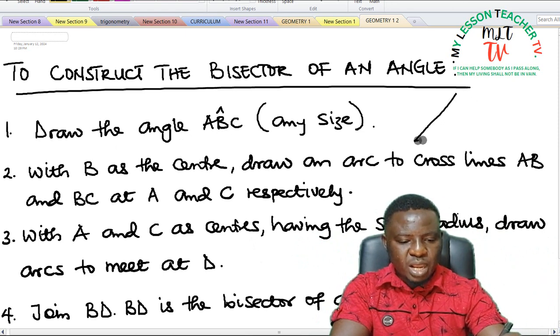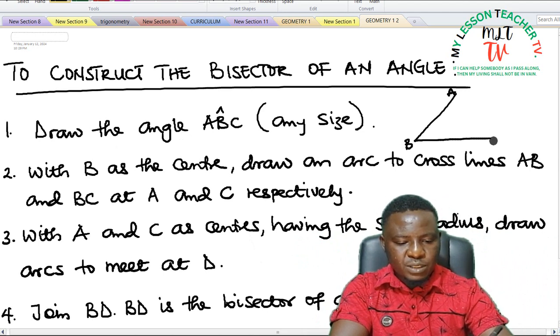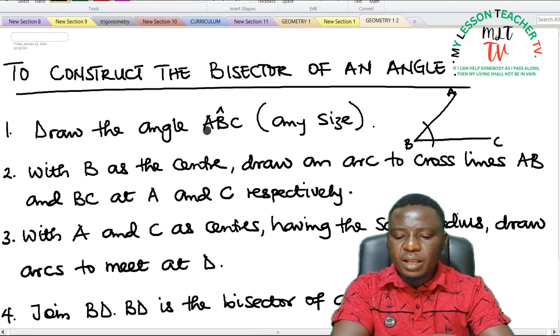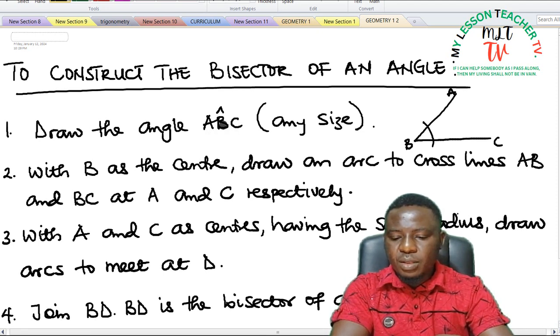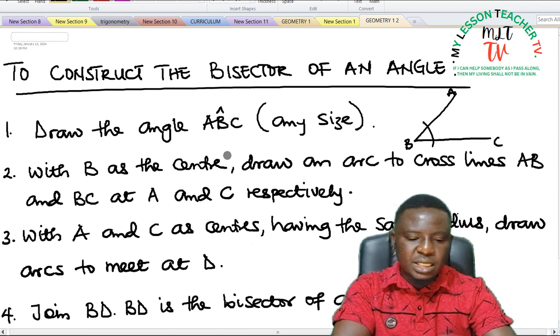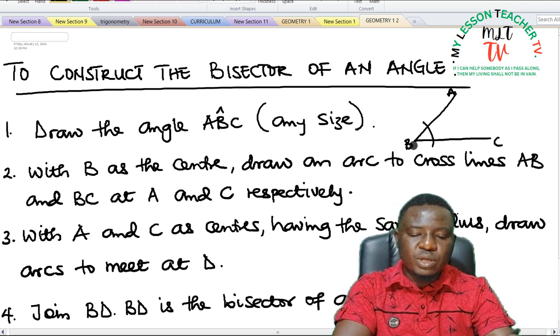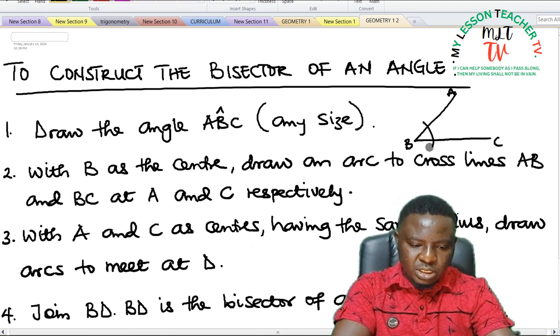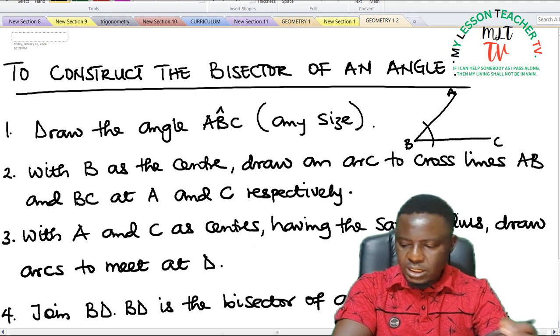So, let this be our angle ABC. If this is A, this is B, this is C. So, this is our angle ABC. Remember, in naming, the alphabet in the middle is said to be the angle, where the angle falls. And it's at B. So this is the angle ABC.